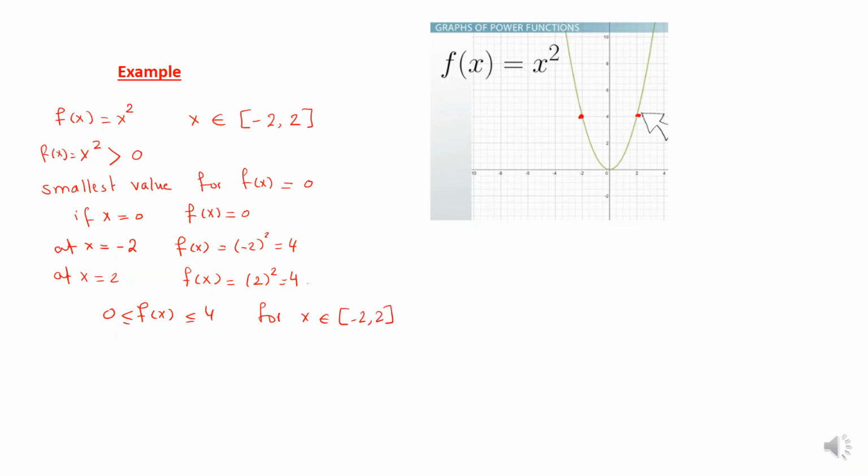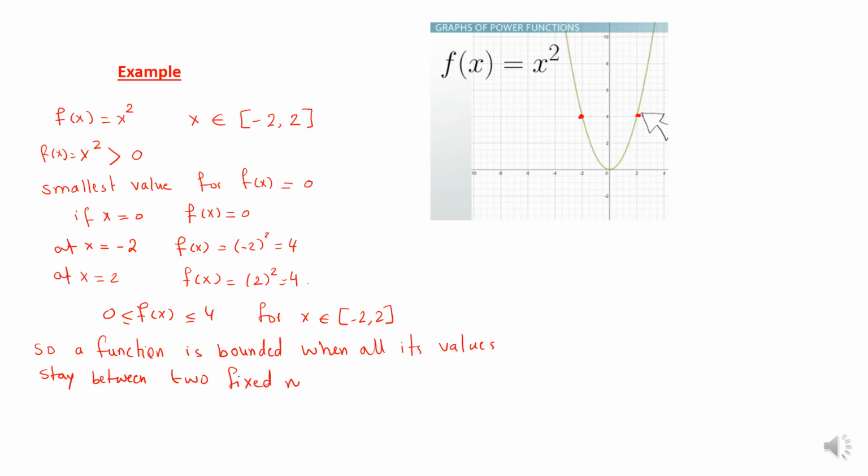So a function is bounded if all its values stay between two fixed numbers, a lower bound and an upper bound.